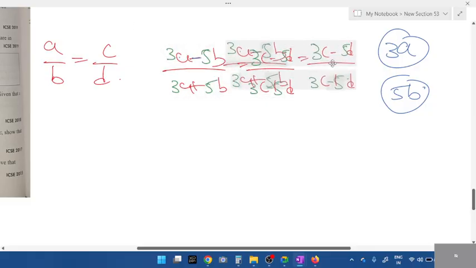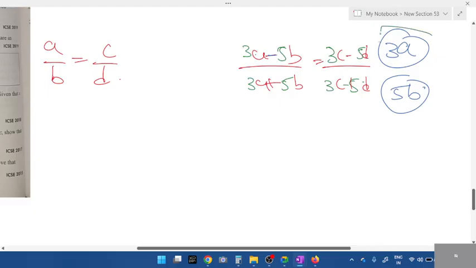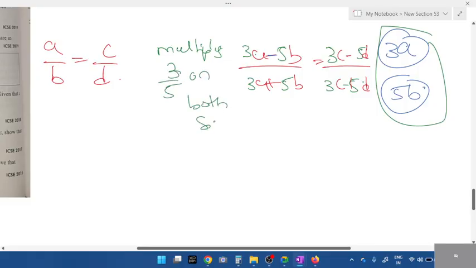First thing, we've got to know componendo dividendo. Then along with left hand side and right hand side, what you have to multiply? Multiply 3 by 5, right? On both sides. First step: multiply 3 by 5 on both sides. Sometimes in this proportion chapter, it won't even make sense.